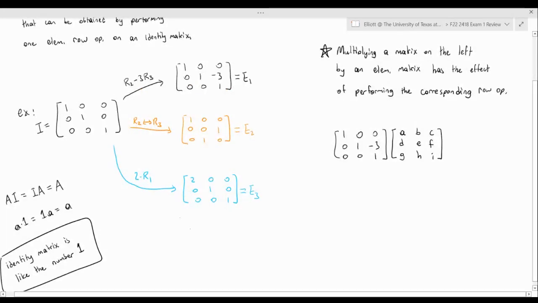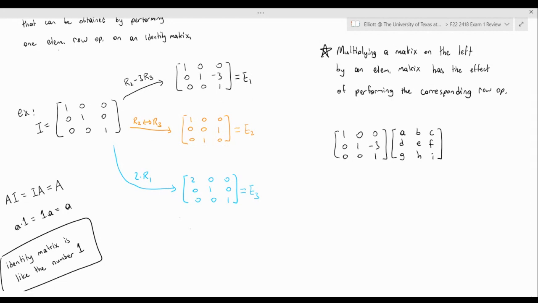So what I did here is I took this identity matrix and I performed 3 random elementary row operations on it, 1 of each type. If you do one of these elimination types of row operations where you add a multiple of one row to another row, that will leave you with an elementary matrix, which I'm just calling E1. Another type of elementary row operation is swapping 2 rows. If you swap 2 rows of the identity matrix, the result is going to be another elementary matrix.